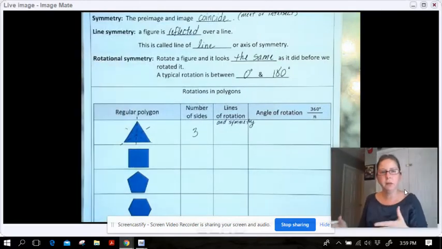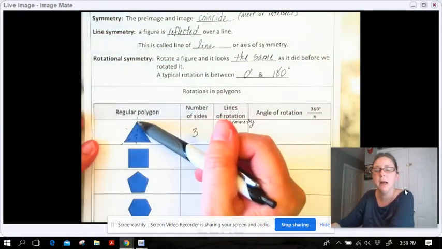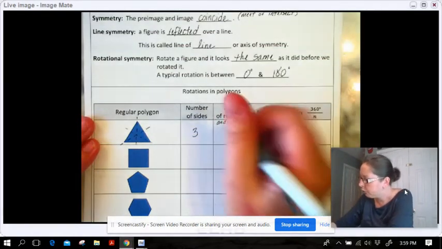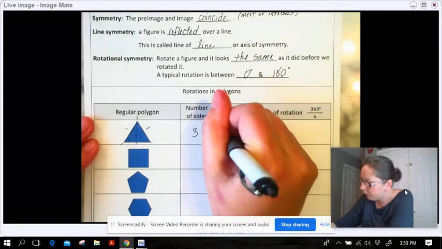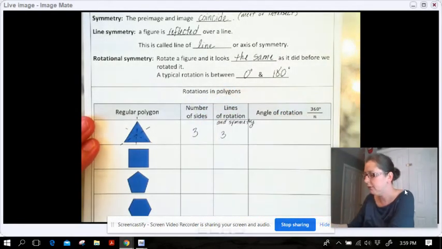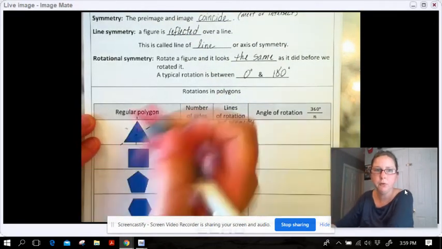Notice that there's a line at each vertex of the triangle. Okay, so there's 3 lines of symmetry, and there's also going to be 3 lines of rotation.